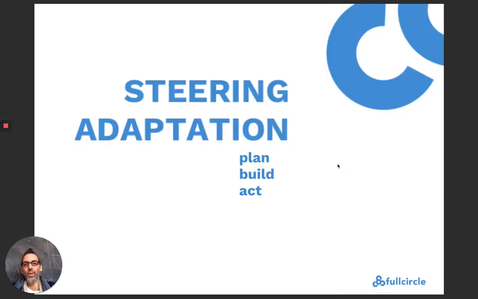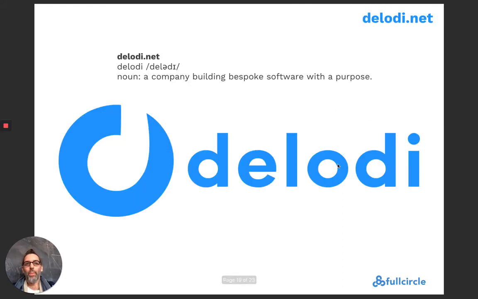Once we know where we want to go, we have to move there. We have to build the stuff that actually builds that future before we go back into understanding where we stand and doing deep alignment. One such thing is what we do at delodi. We build software based on the assumption that everything will be connected through software at one point.